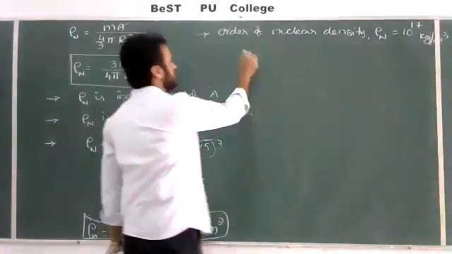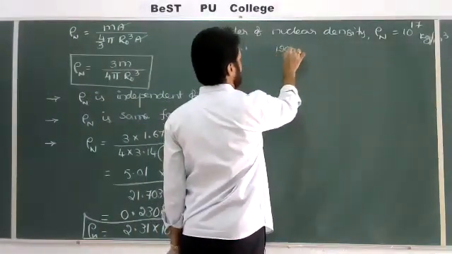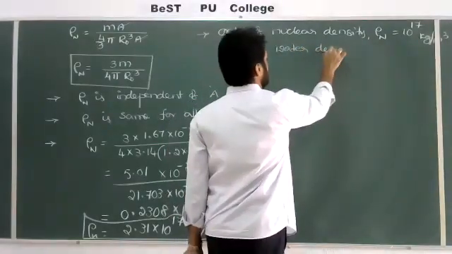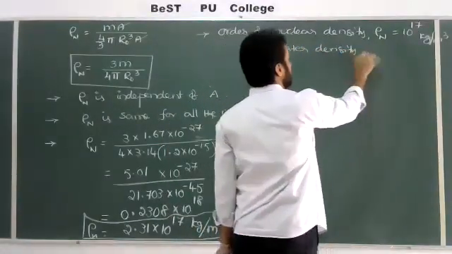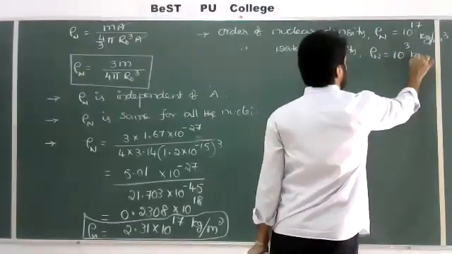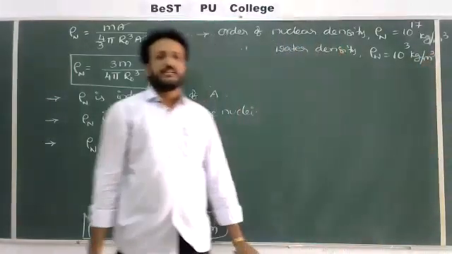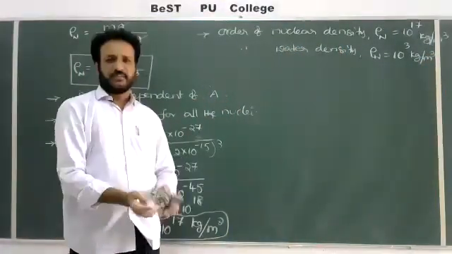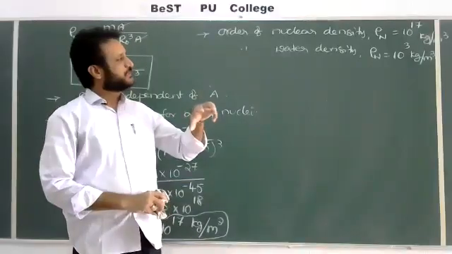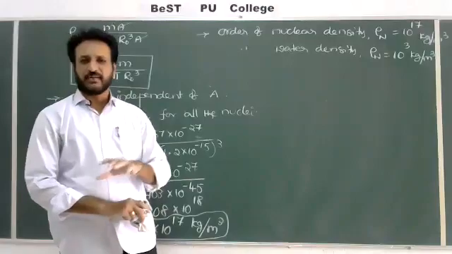But what is the order of density of water? The density of water, rho W I am writing, 10 cube. Water has a density of 1000 kg per meter cube. That means in a volume of 1 meter cube, we can place 1000 kg of water. For example, consider one cubical box. What are the dimensions of a cubical box?